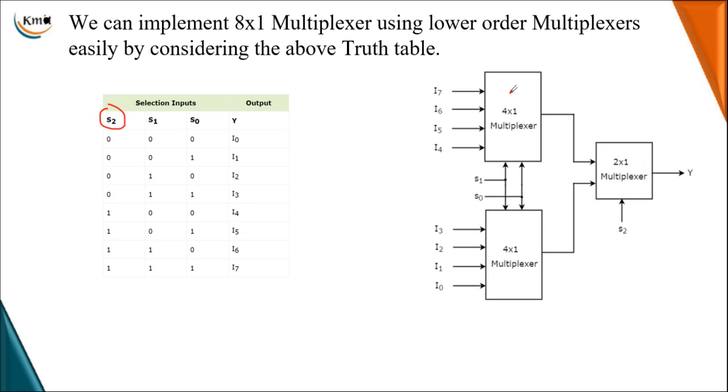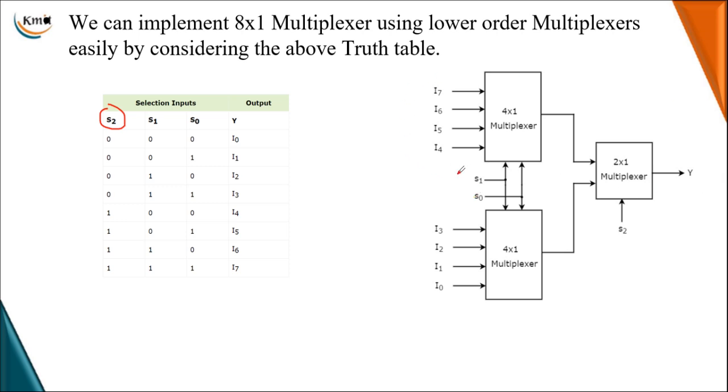In the first level, the selection lines of the upper 4 by 1 multiplexer and the lower 4 by 1 multiplexer are connected commonly and taken out as S0 and S1.